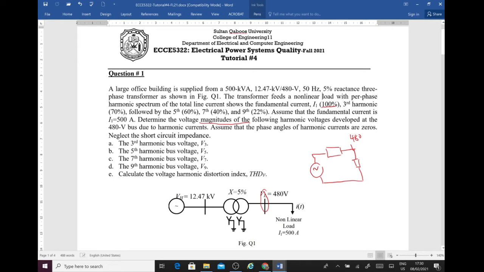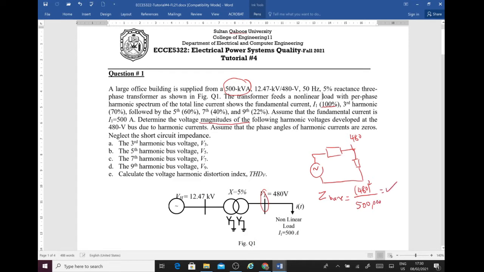We are given the impedance of the transformer in per unit, so we can find that one in ohm. So we need to find Z base on the low voltage side. It will be V square over S, which is 480 square over 500,000. So that will be Z base.